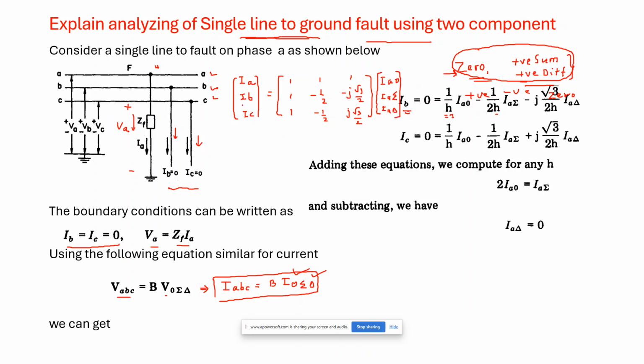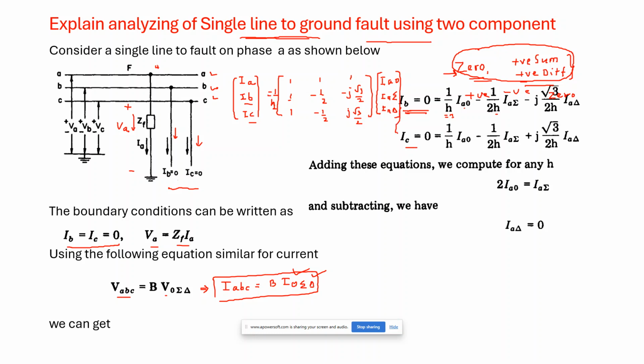So now here we are writing the equations for IB and IC. Here we get the IB equation, IB equal to 1 into IA naught. As I told, it is taken as 1 by H, but here we take H as 1. So you will get this IB equation, and then we get this IC equation.